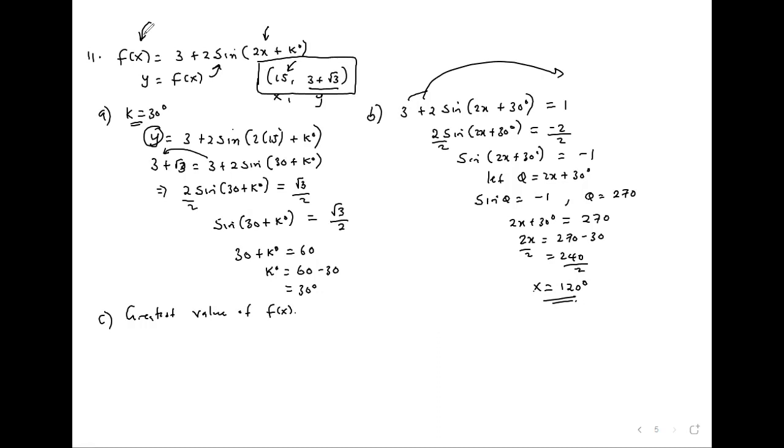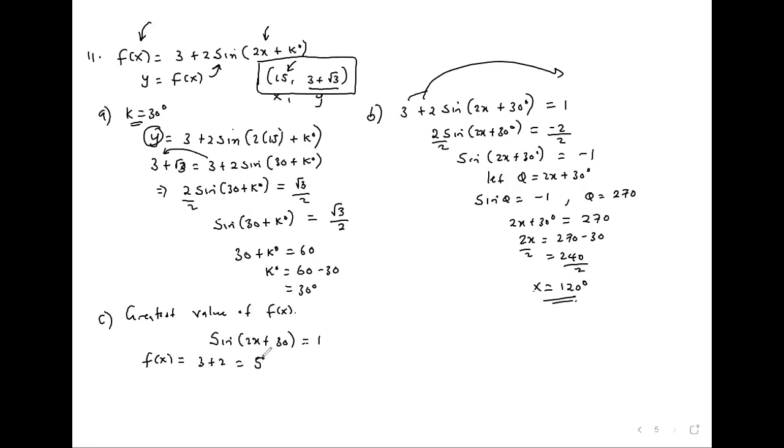Okay. So the greatest value of f of x will happen when the sine gives us the maximum value. Meaning it will happen at the point where sine 2x plus 30 is equal to 1. So f of x is equal to 3 plus 2, which is 5.